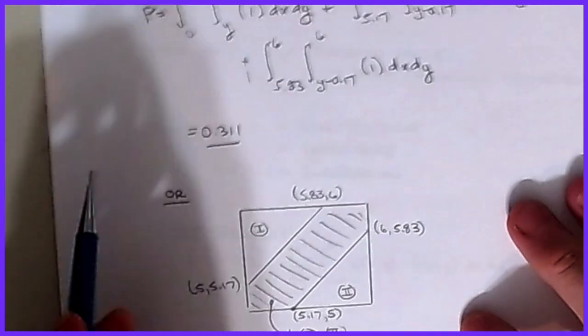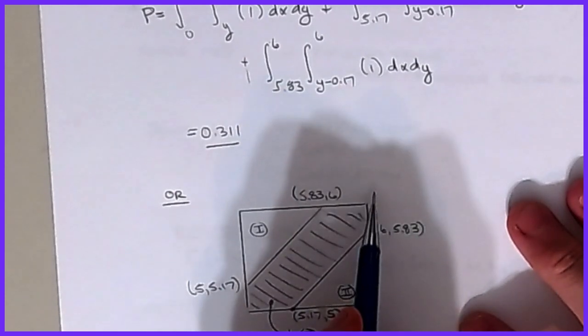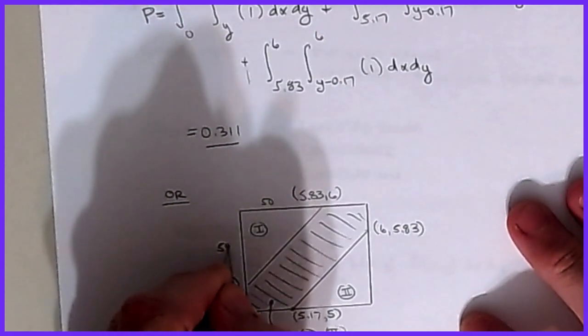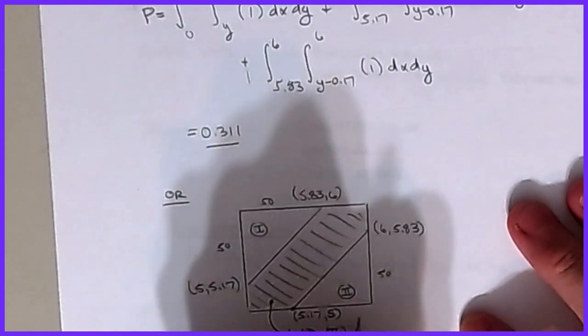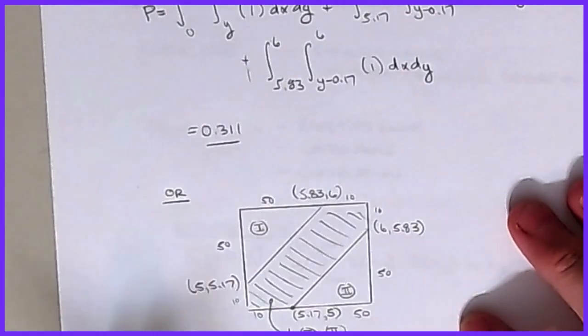Now, we could also do it a different way. Since I know this whole thing is 1, and I know that this is 50 minutes, and this is 50 minutes, and this is 50, and that's 50, and then of course these little chunks are 10, I could just as easily have taken 1 minus and subtracted off those two little triangles.